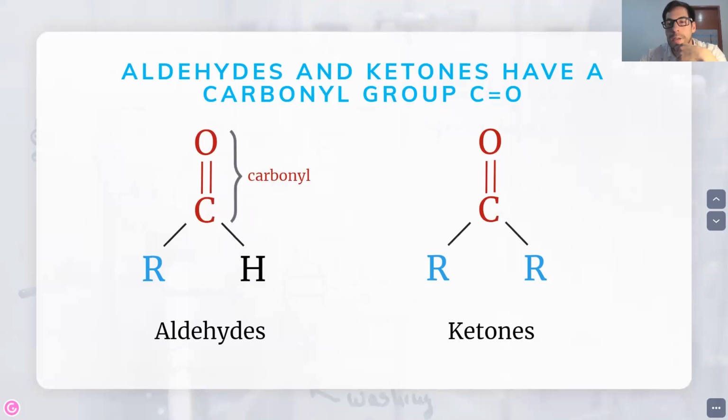So aldehydes and ketones are very similar because they have this carbonyl group, this carbon atom with a double bond to an oxygen. Here you can see the basic structure of an aldehyde and a ketone. As you can see, the carbonyl, this C double bond O, is present in both types of compounds, but the main difference is that in aldehydes this carbon is bound to at least 1 hydrogen.